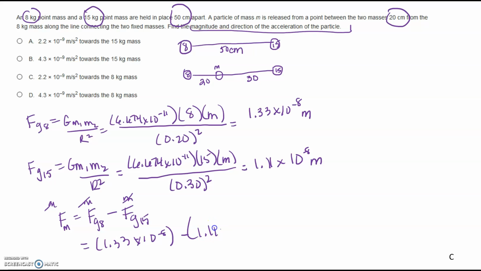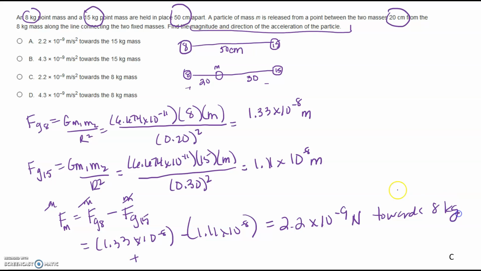And I get 2.2 times 10 to the negative 9 newtons. And I know that if this is the positive direction towards the 8, and this is the negative direction, it's going to be towards the 8 kilogram mass, which is C.